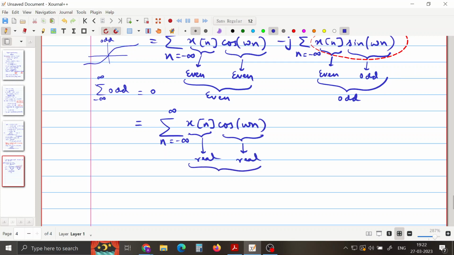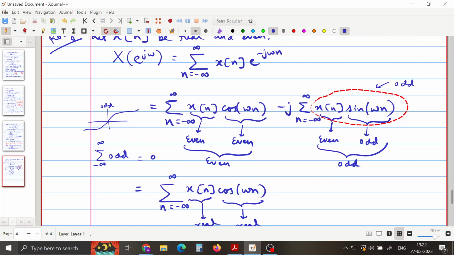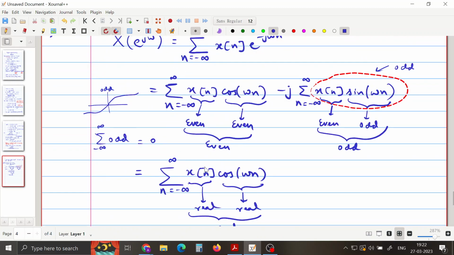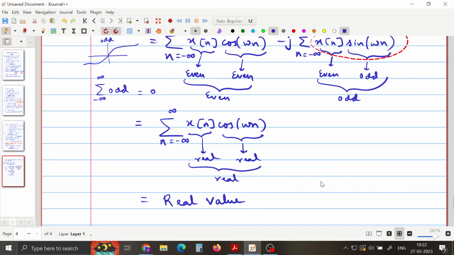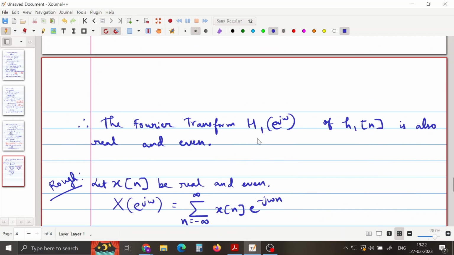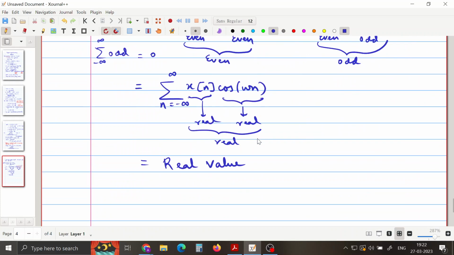So this product is also real, and the sum of these products is also real valued. So it turns out that it is real valued as well as an even function, because only this term prevails, which is a sum of even functions. That's why we make the remark that the Fourier transform of a real and even signal is also real and even. I hope this is clear.